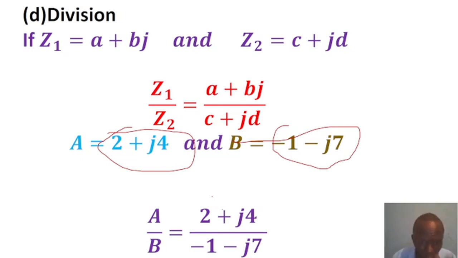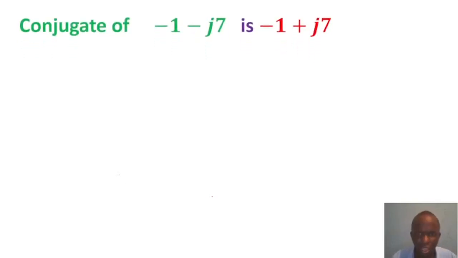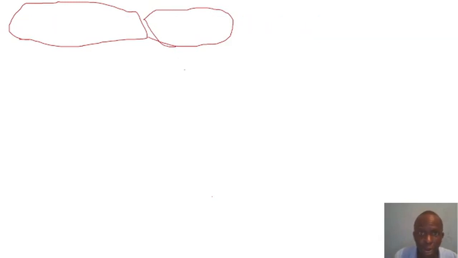Then we ought to divide that. We have to make sure that the denominator does not bear the j. Then here comes what I was just about to mention: conjugate complex. So the conjugate of the number in the denominator, let me go back.